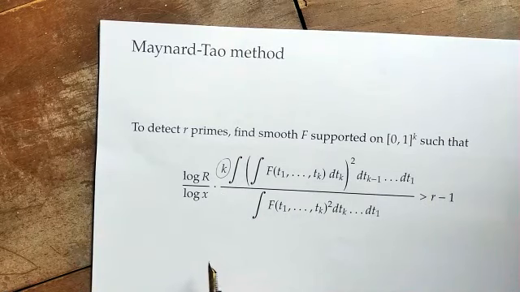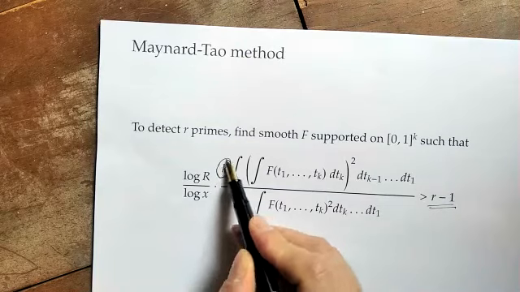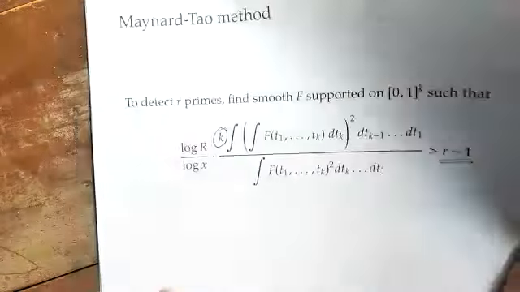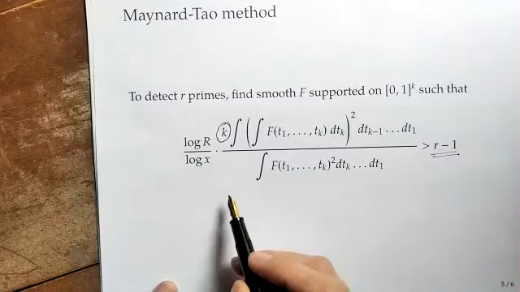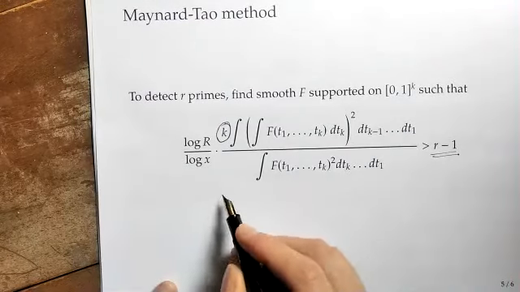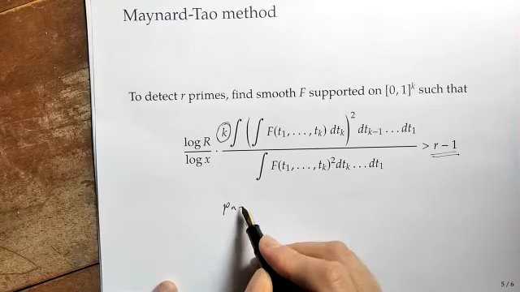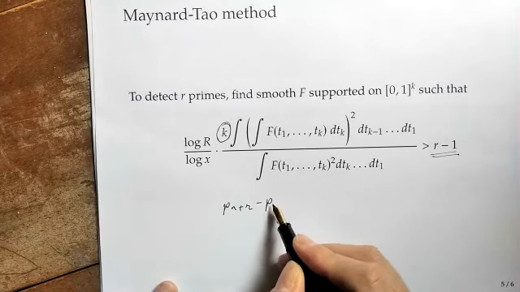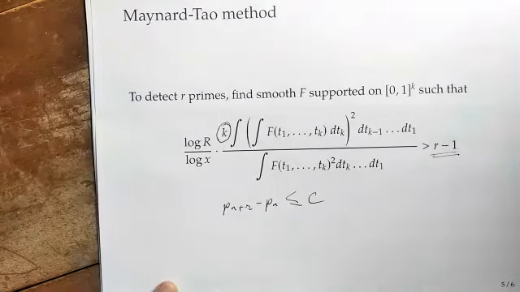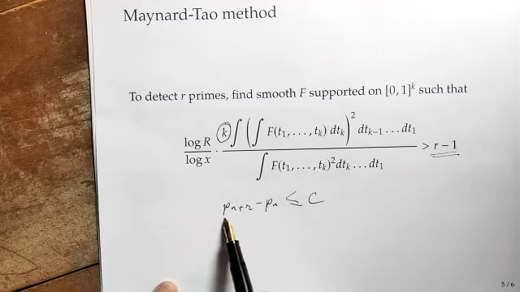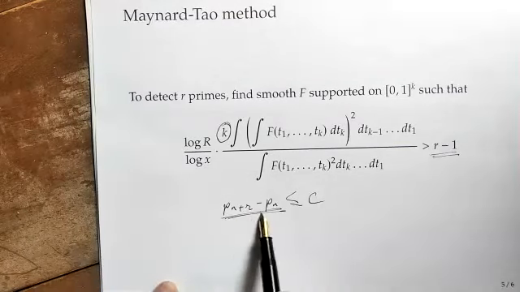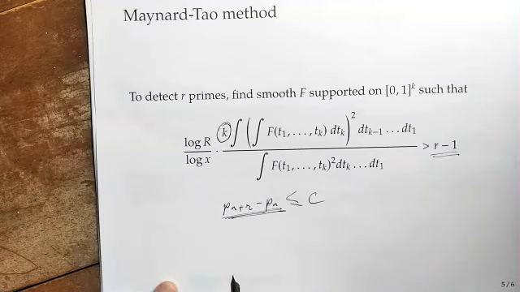And by simply taking large tuples, you can find as many primes as you like. This is a hugely dramatic improvement, and it can also prove that Pn plus R minus Pn is bounded infinitely often. So this was way out of reach in the preceding method.